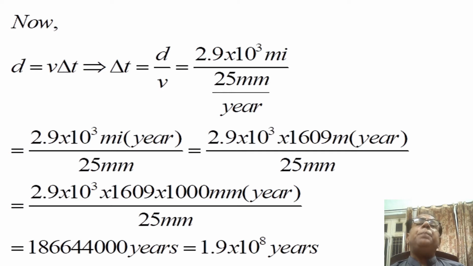Because here we will treat this D over V as 2.9 times 10 raised to the power 3 mile divided by 1. These two terms will be in the numerator and the remaining two terms are in the denominator, 25 millimeter over year.